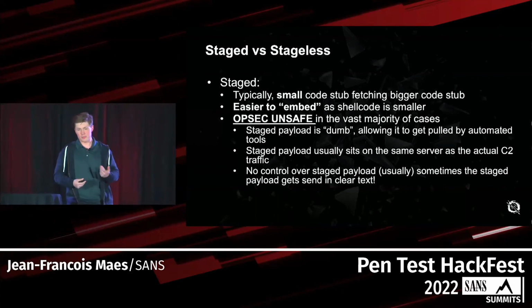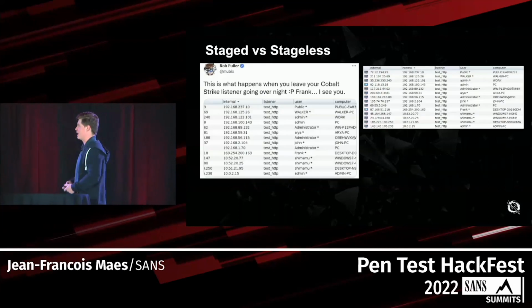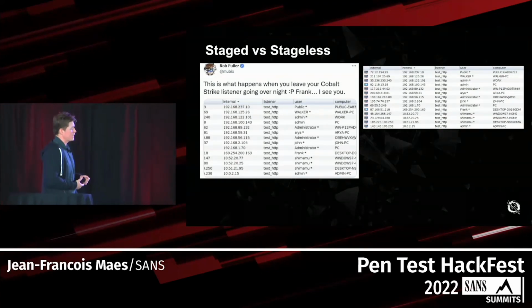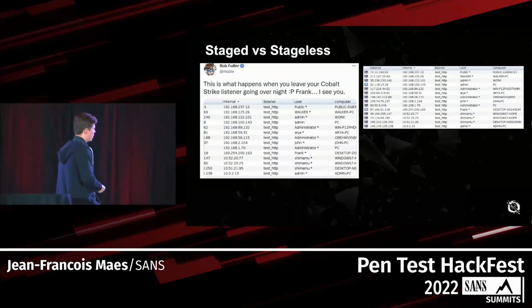So typically, sometimes even these staged payloads reach out over clear text, and we're going to see that in a bit. This is an example of what happens if you leave your Cobalt Strike team server online, exposed to the entire internet, with staging turned on.